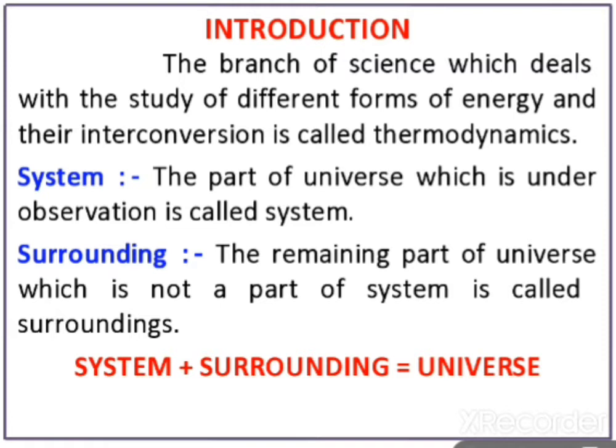But remember this: surrounding is not all the part of the universe. The portion of surroundings which is affected by the system is the portion we have to study. So don't confuse surrounding with universe. Universe is all that we can see. So this is the system and surrounding.